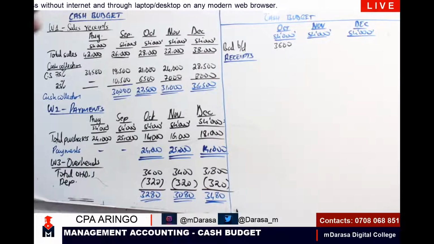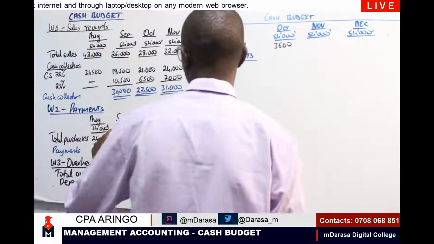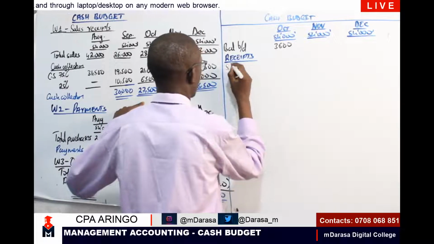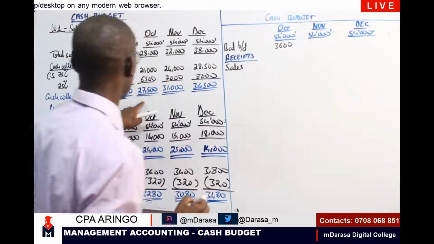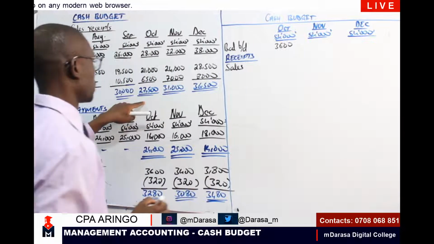So I'll only be taking the receipt component to be our sales. So consider our sales receipts. We have calculated it here. Cash collection, that is 27,500.